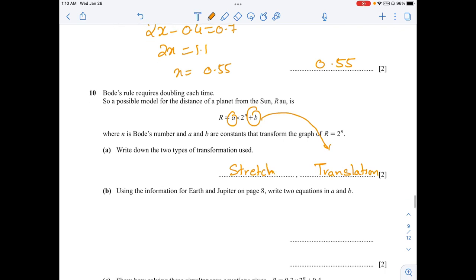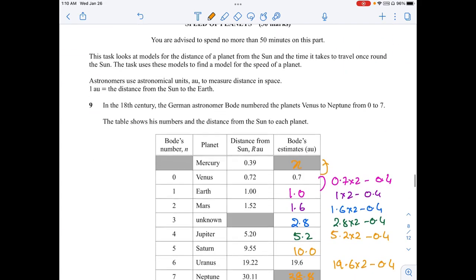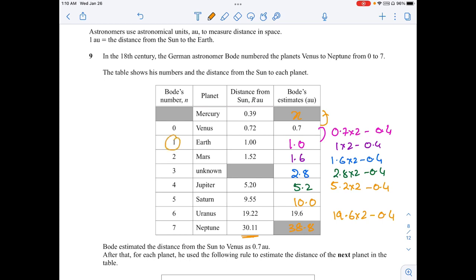Using the information for Earth and Jupiter on page 8, write down the two equations. So I get r equal to a times 2 to the power n plus b, where n is the Bode's number for Earth and Jupiter. For Earth, Bode's number is 1. For Jupiter, Bode's number is 4.